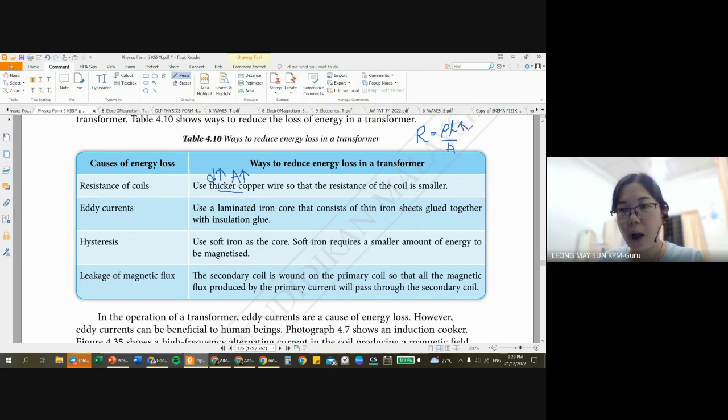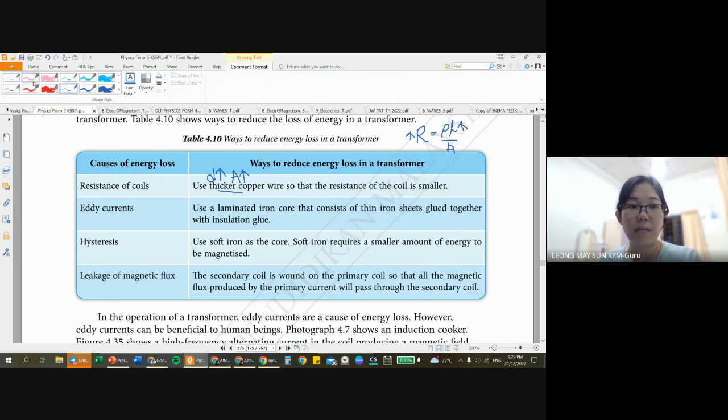A longer wire to make more number of turns increases the resistance, so because we need more number of turns, you increase the cross-sectional area by using a thicker copper wire. This will reduce the resistance inside the wire. Okay, so use thicker copper wire so that the resistance of the coil can be smaller.